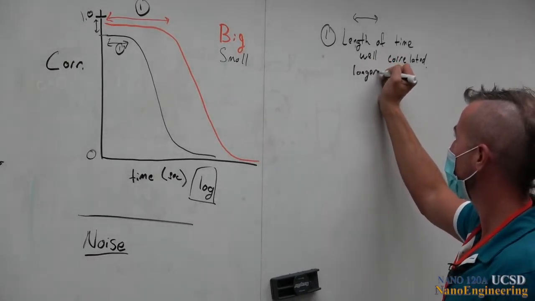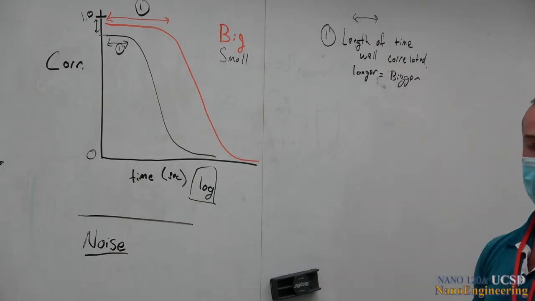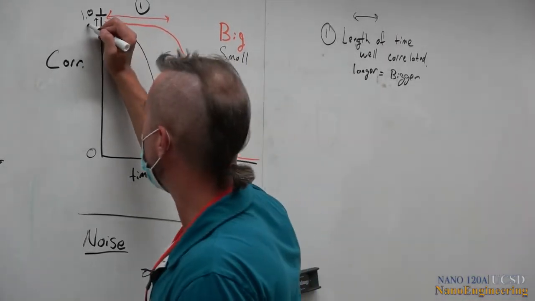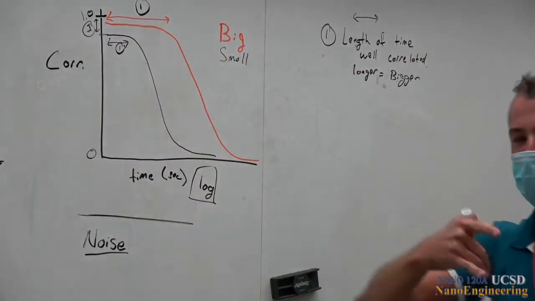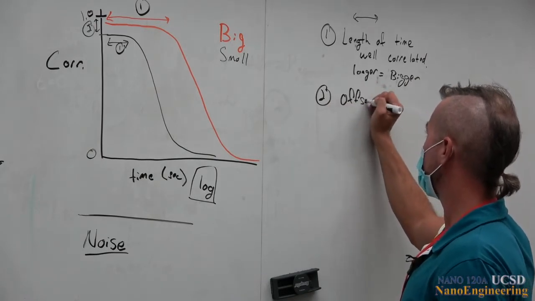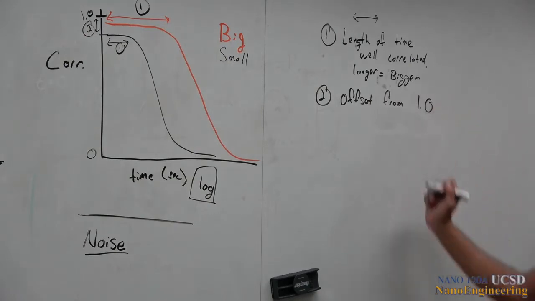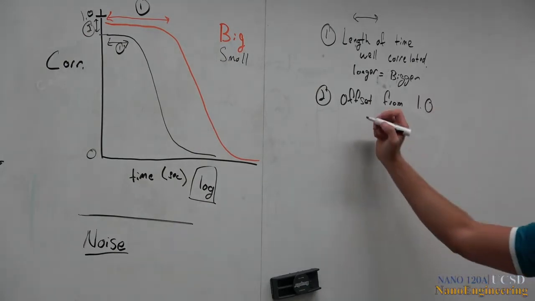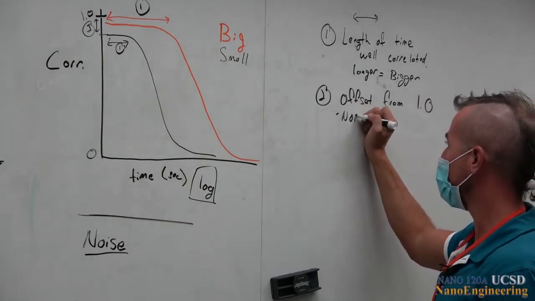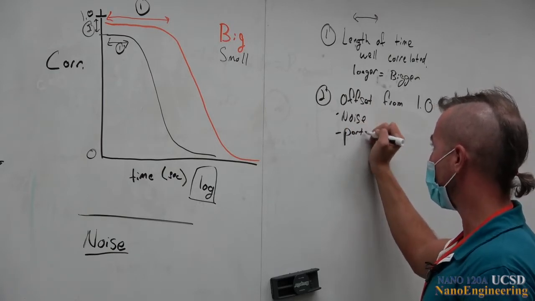Longer equals bigger particle. This region right here, this offset, region number 2, offset from unity, that's a function of noise, and that's a function of primarily particle concentration, right?